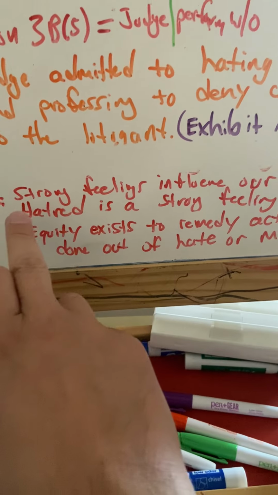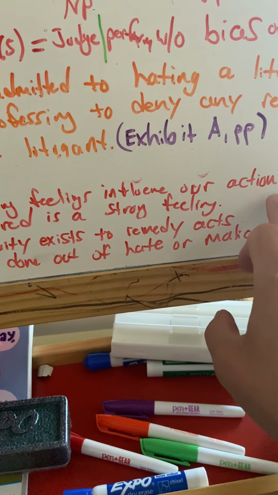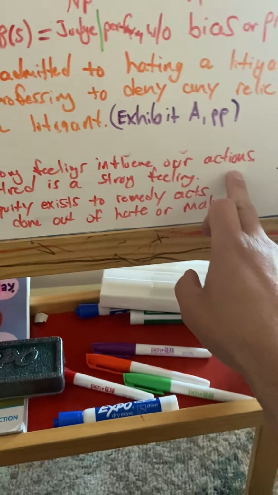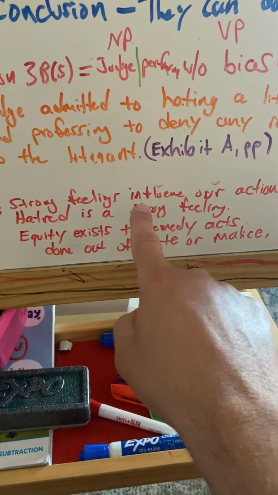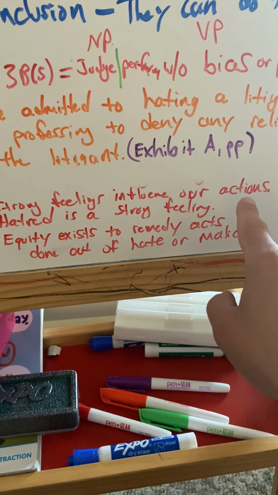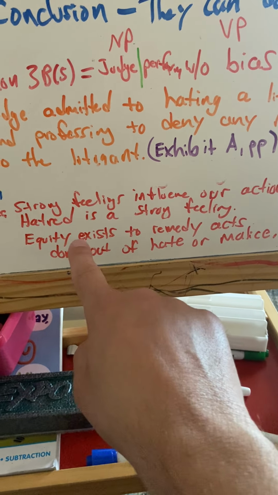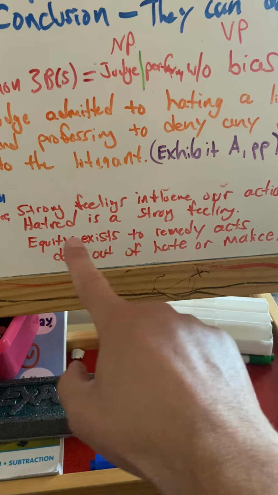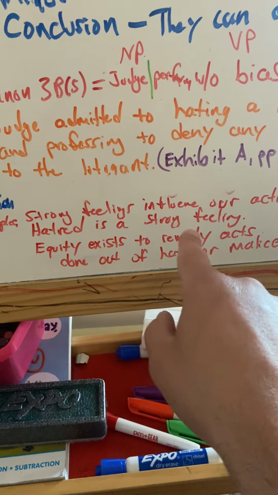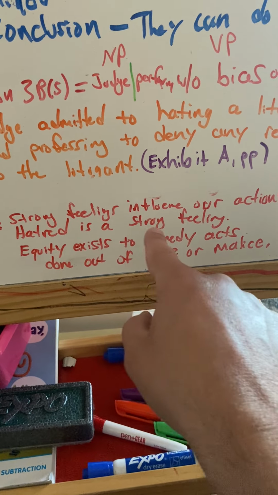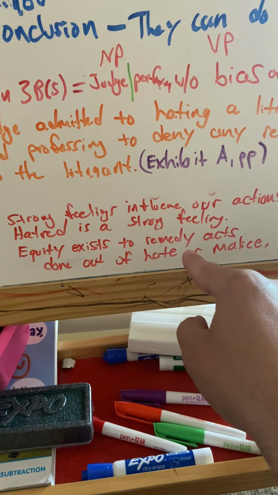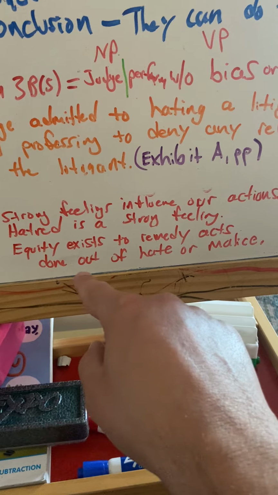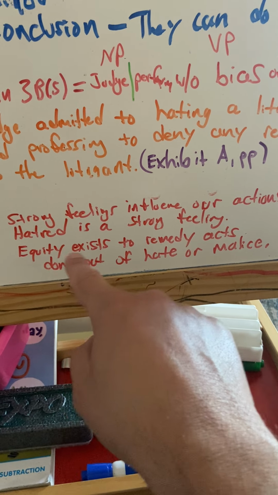Now, we have to elaborate a little bit more. Strong feelings influence our actions. And there's a syllogism in here: hatred is a strong feeling. You'll notice that in syllogisms, this word should come down here, and this can come down here, but you can use another word for it.